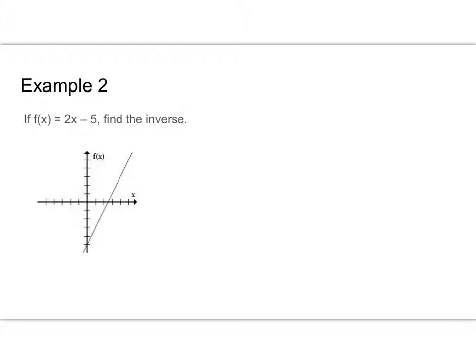I knew you were going to want an example, so here we go. Back to our function we talked about in the beginning, f of x equals 2x minus 5. If you look here at a graph of this, it is a one-to-one function, so it does have an inverse. My first step was to change f of x into y.